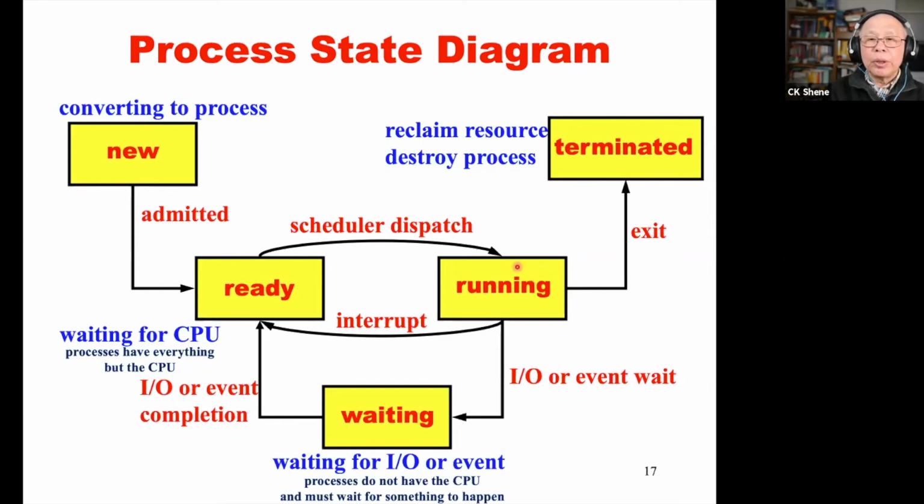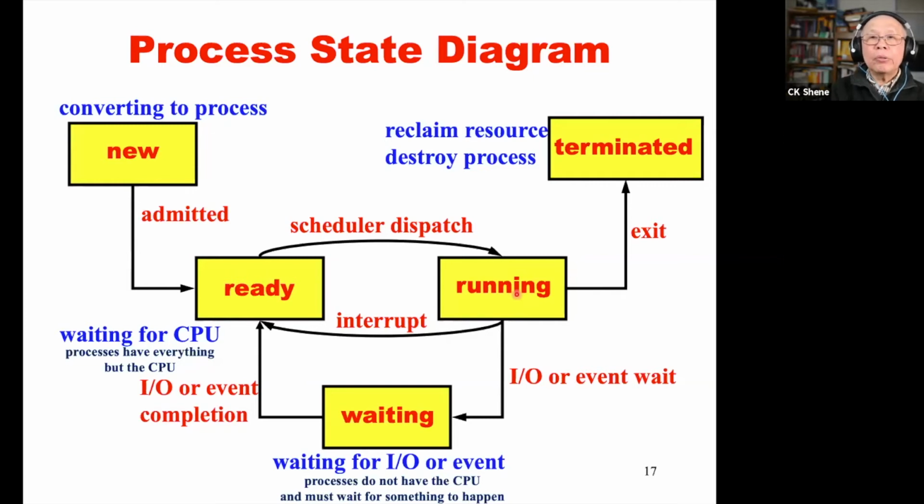How does a scheduler resume the execution of a process? Remember, we talked about the program counter. Okay, so that process will start running on a CPU. When this process is running, an interrupt could happen.